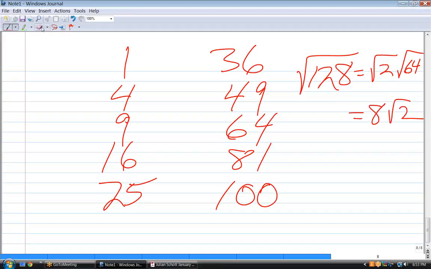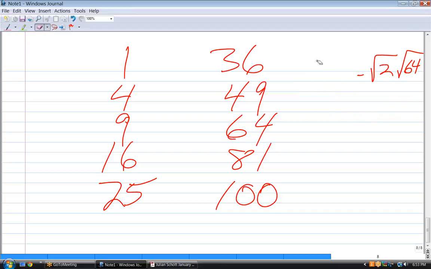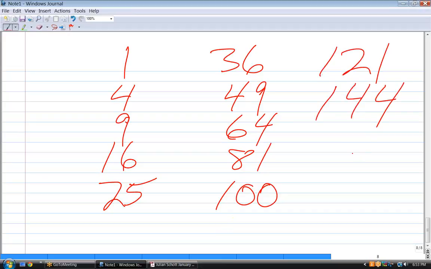So knowing these perfect square numbers is really important. You really want to know these 10. After this, not so important. I mean, I know what they are. 11 squared is 121, 12 squared is 144, 13 squared is 169.